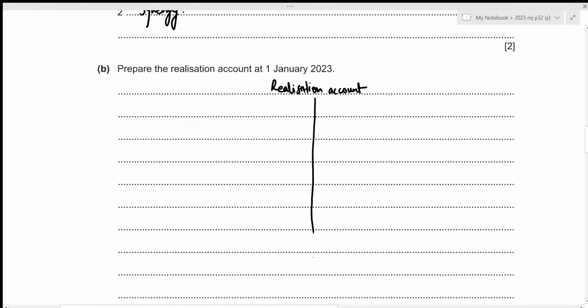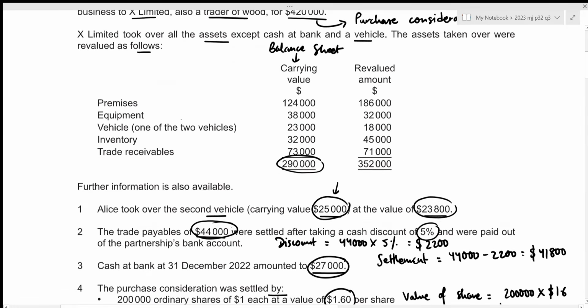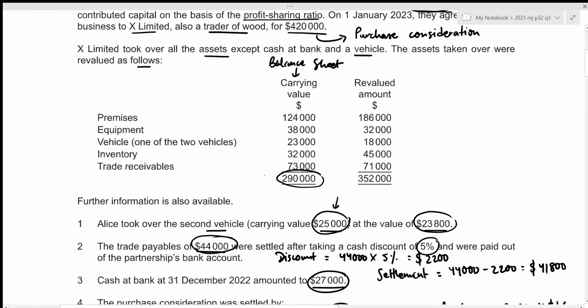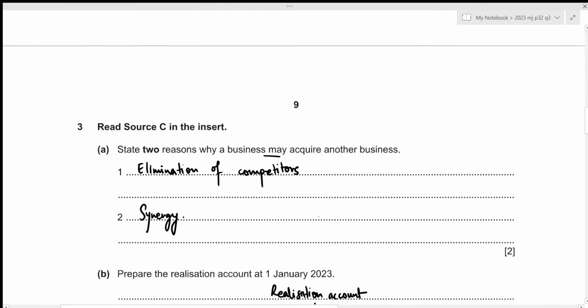We start with the assets value as per our statement of financial position on the debit side. So I'm just going to write that down. So we have assets and we have 2 different assets. Remember that there was a list for assets taken over by X Limited and it had the total value of 290,000, and we also have another asset which is a vehicle which had the value of 25,000. So we need to record these 2 items in our debit side of realization account.